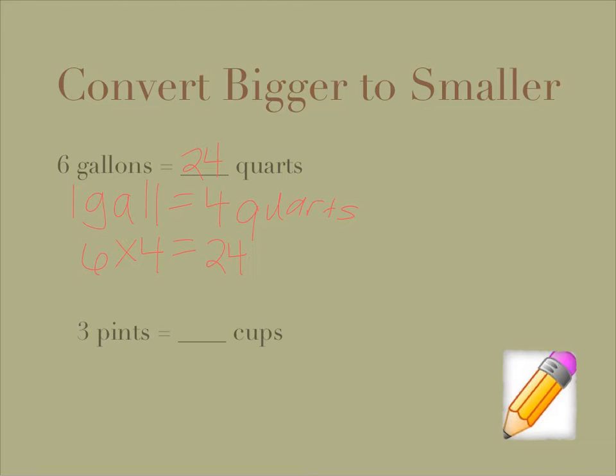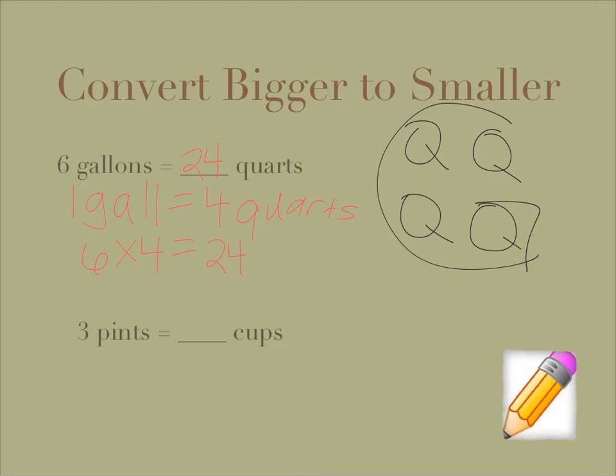Now let me show you what it looks like when you're using King Gallon. So let me draw my King Gallon right here real quick. And each of those has 2 cups. Okay. So I will say to myself, okay, I have 6 gallons.